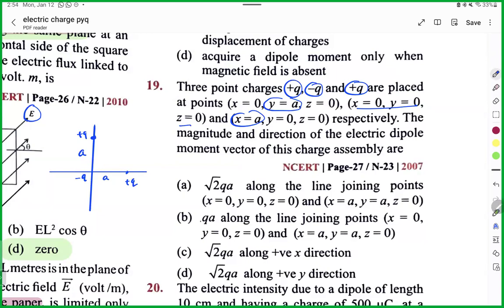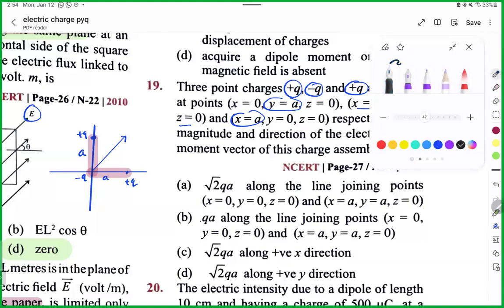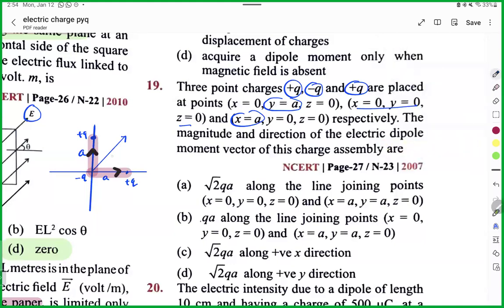It's like two dipoles are placed, one here and another here. What will be the direction of the final electric field? One electric field this way, another this way, and the final will be this.